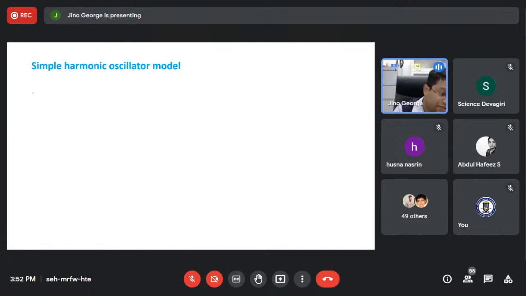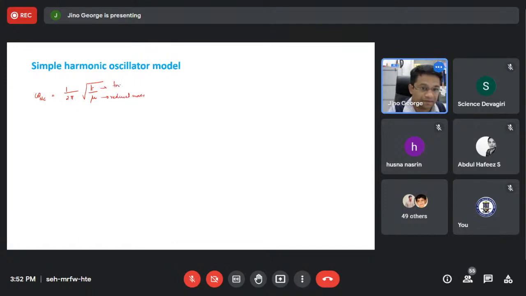This is an oscillation. It will again have quantization. So classically, I can write the energy as 1 by 2 pi into the square root of k by mu. This we have partially touched upon in yesterday's class, where k is the force constant and mu is the reduced mass.